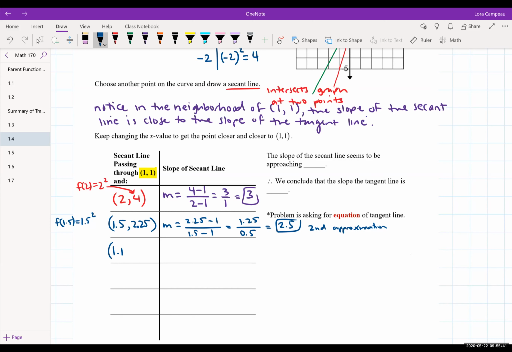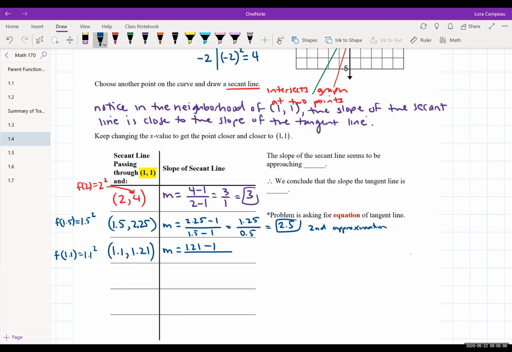And if I want to find my corresponding y value, what happens if I square 1.1? I should get 1.21. You can test that out on your TI if you'd like. And if we keep calculating the slope, differences of the y's, and remember, we're always corresponding back to the point 1, 1.